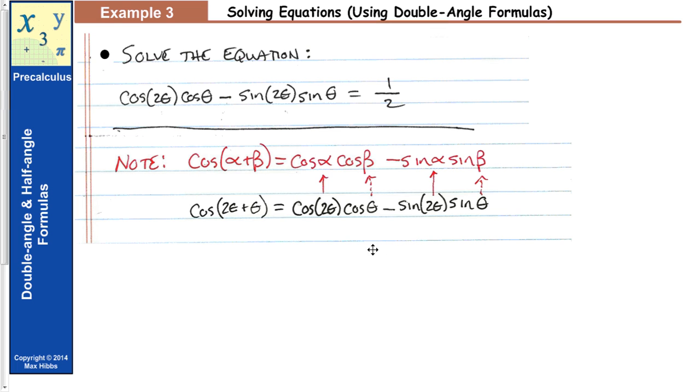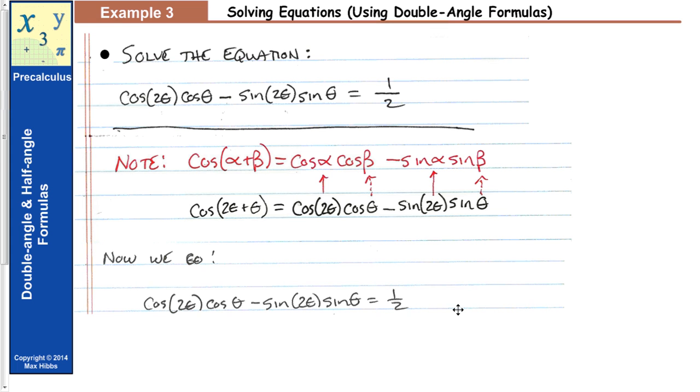So if we compare what we have here to the form of the formula for cosine of the sum, then we can see the relationships. And so we could rewrite this left side as the cosine of 2 theta plus theta. And that will simplify the left side significantly, won't it? And so that's what I'm doing here.